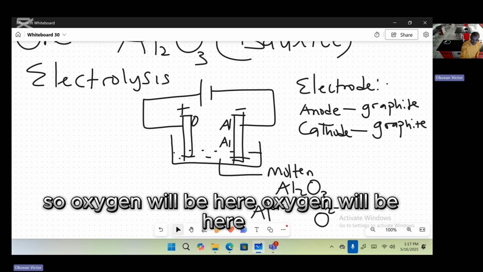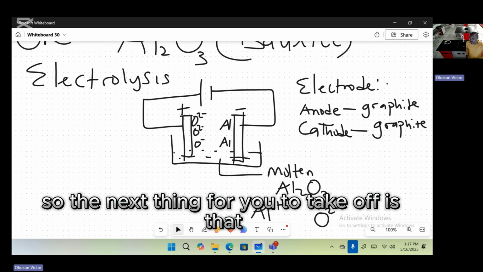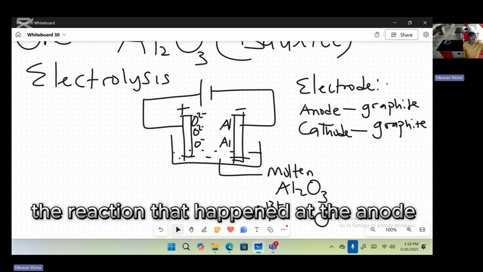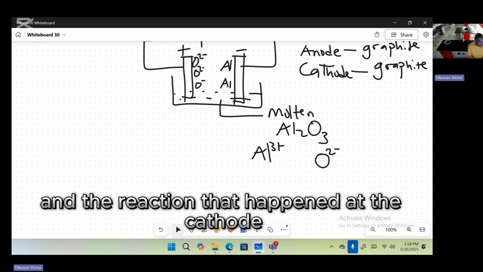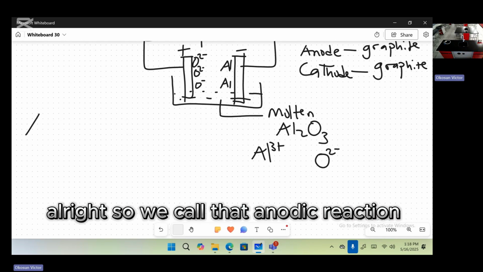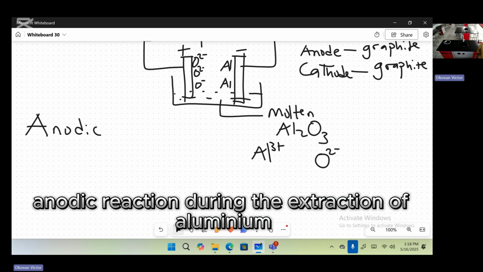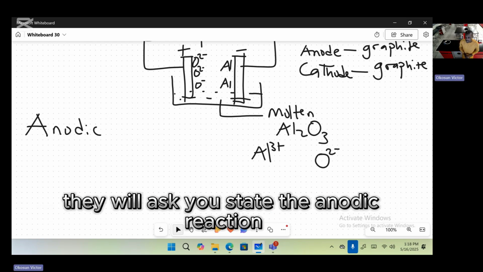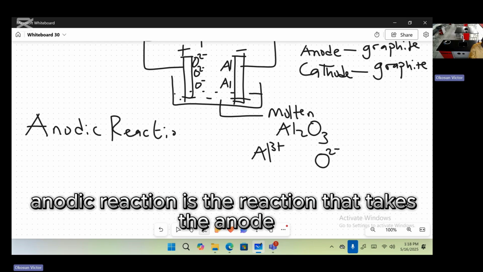So oxygen will be here. The next thing for you to take cognizance of is the reaction that happens at the anode and the reaction that happens at the cathode. We call that the anodic reaction. During the extraction of aluminium, they will ask you to state the anodic reaction. The anodic reaction is the reaction that takes place at the anode.